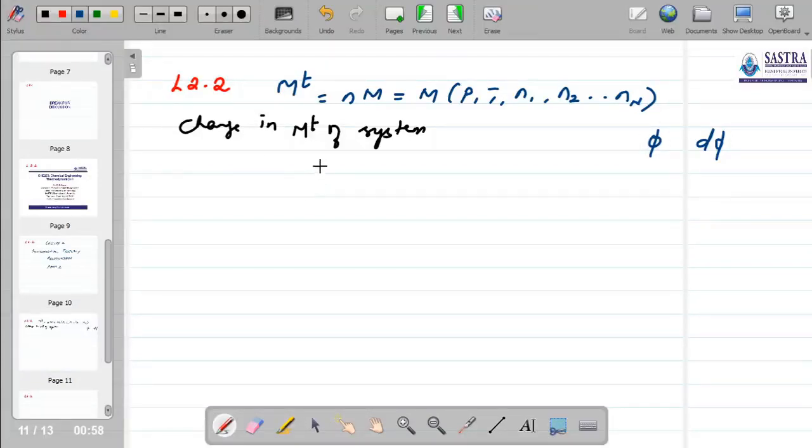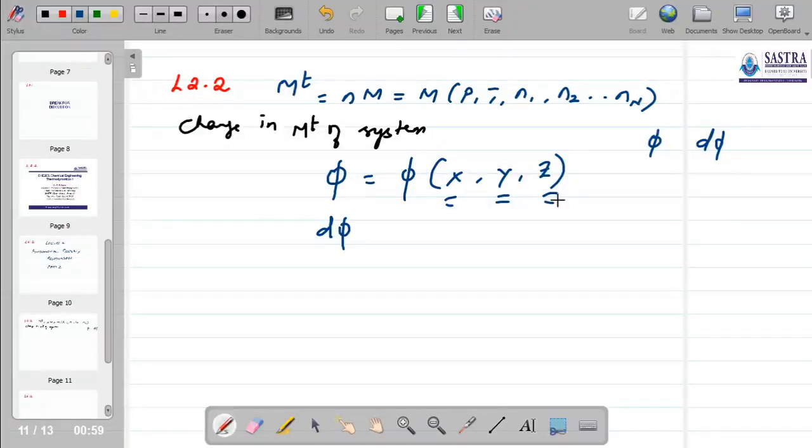So if I have a dependent variable phi, which is a function of independent variables x, y and z, then the infinitesimal change can be represented in terms of d phi. Now this change d phi can be because of a change in x, change in y or change in z.